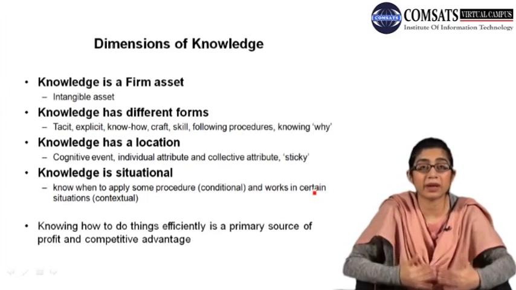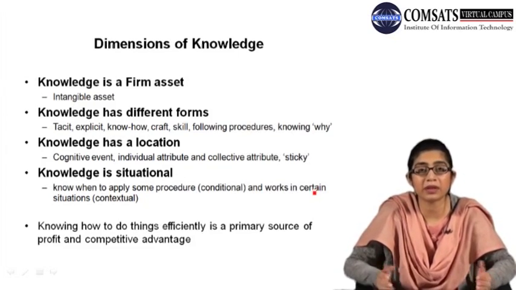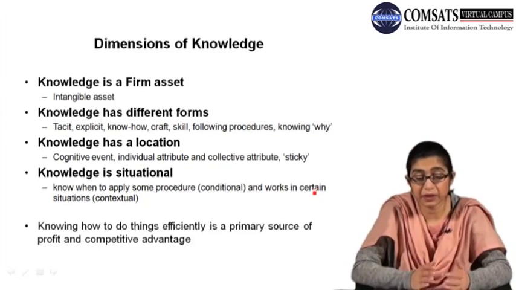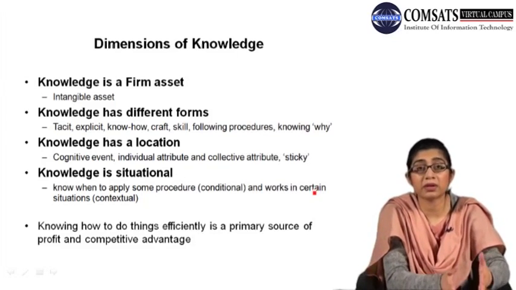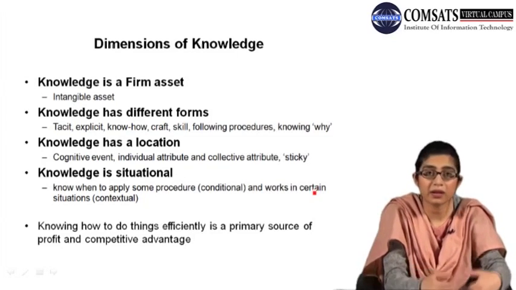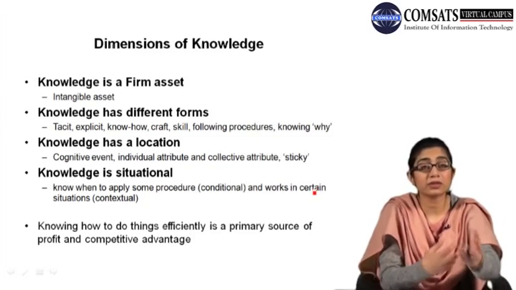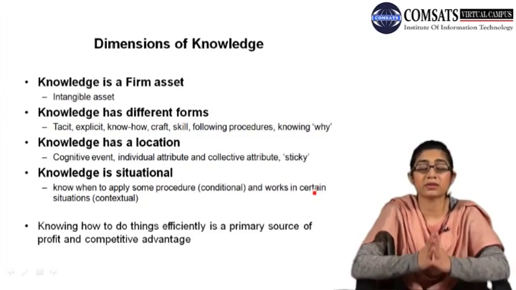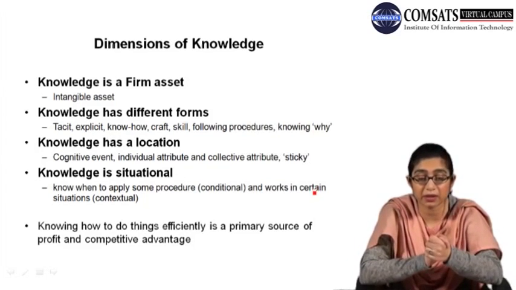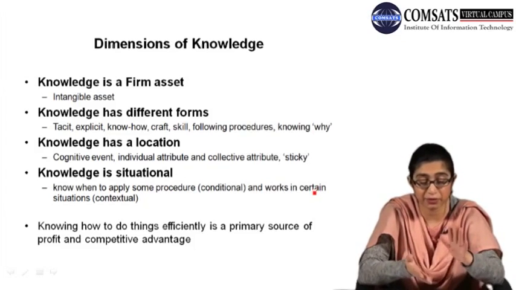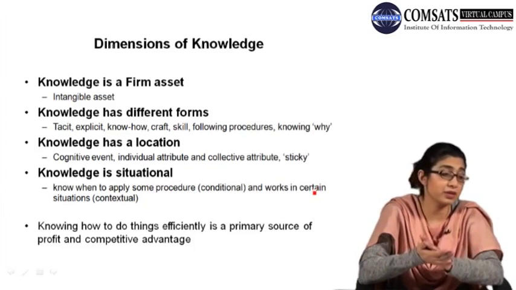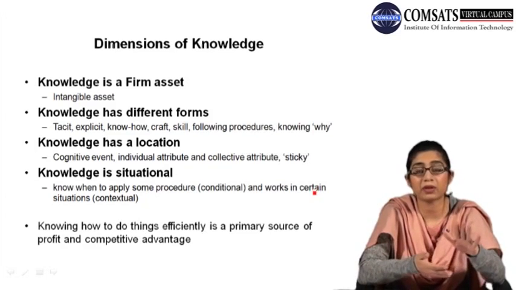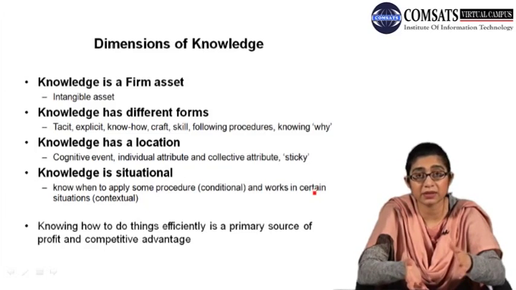So it all depends on the background, it all depends on what the problem is. तो उस problem के accordingly तो knowledge apply होती है. ठीक है, इसी तरह किसी procedure के ऊपर knowledge apply होगी किसी किस्म की अगर उसमें कोई problem आ रहा है. ठीक है, so these kinds of different things basically define knowledge, that when हम dimensions की बात करते हैं तो हम कहते हैं कि it's an asset, उसके different forms हैं, and then it has a location either in the minds of people or in the libraries, it is documented or in presentations or stored as best practices.